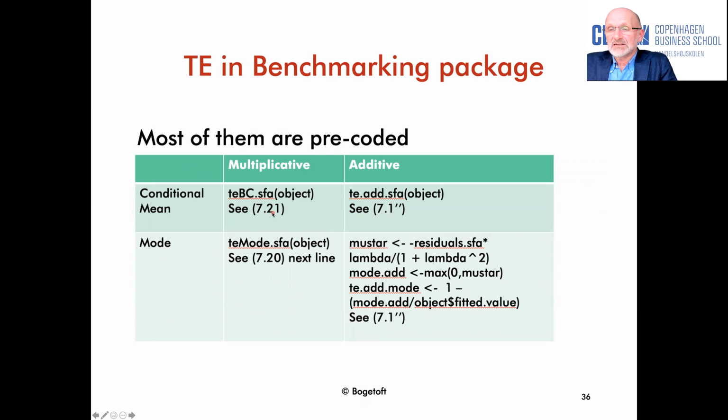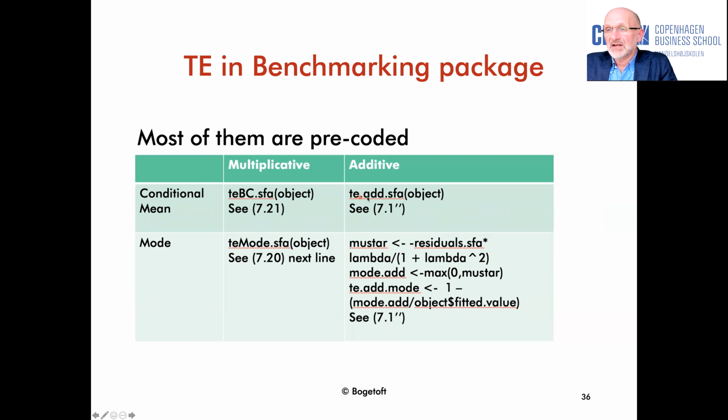We call it BC because it's Battese-Coelli that proposed that way of doing it. If you want to use the mode instead, you can use this TE mode.sfa. And here I refer to the formula in the book, DEA, SFA, and R. And if you do the additive version and you want to do the conditional, we also have a function for that.